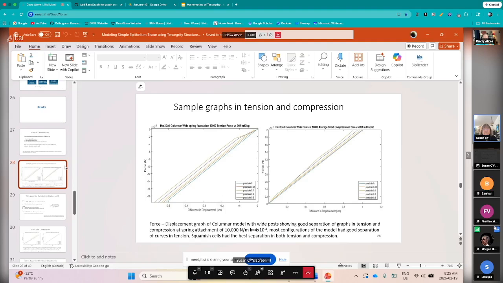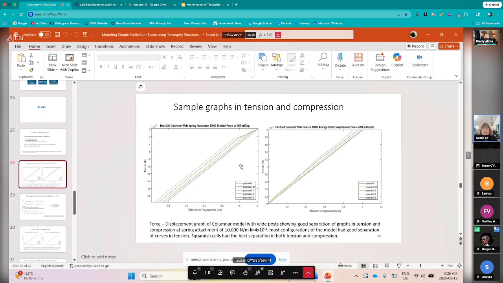So I had sample graphs, and it's backwards to what you think, because this is tension, and it goes from here downwards. This is engineering, so it's flipped on its head, because tension goes down and compression goes up.